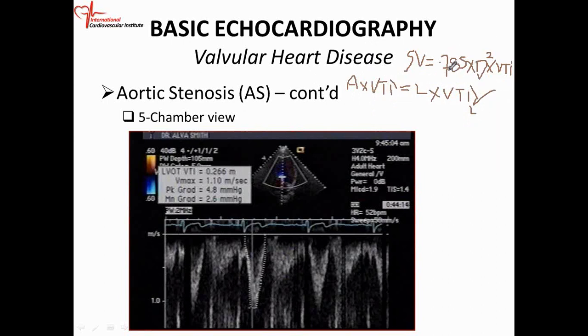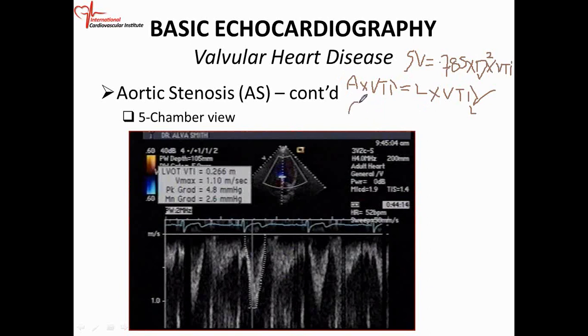So the only thing that we don't know usually is the aortic valve area. If we rearrange our equation, we can calculate the aortic valve area using our hemodynamic principle that I spent so many hours discussing with you guys in the last few lectures.